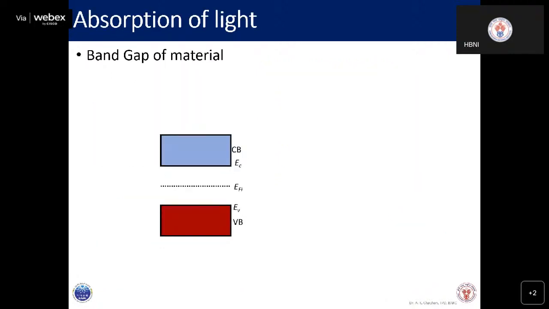Now we come to how the absorption of light takes place inside the material. What plays an important role is the band gap of the material.